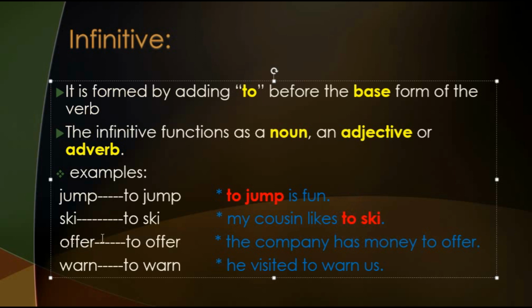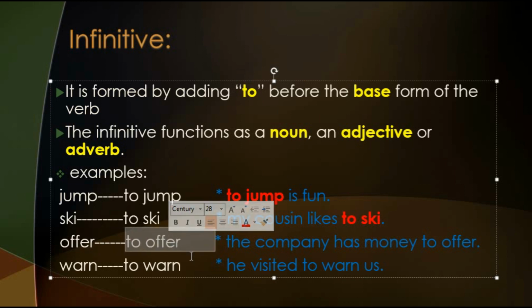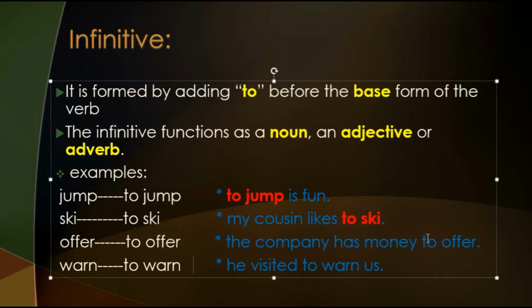Offer, right? We have the verb offer, and then the infinitive form is to offer. The company has money to offer. To offer in this case describes the noun money. So it is a little bit discrete here, but it is describing the word money.